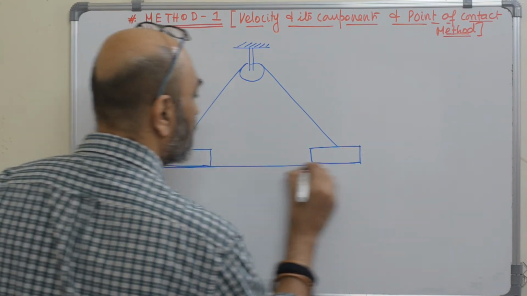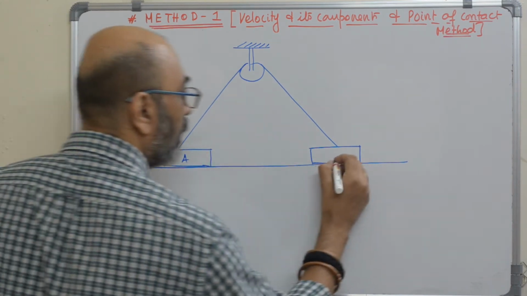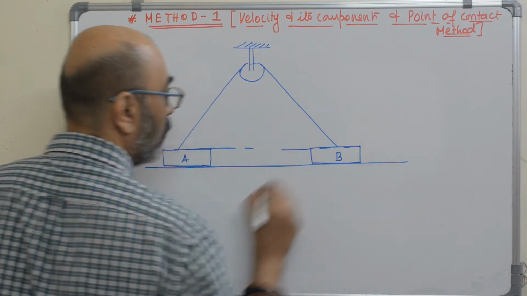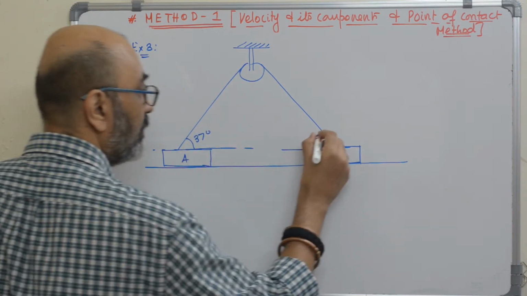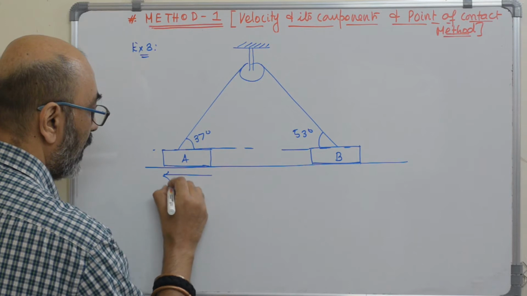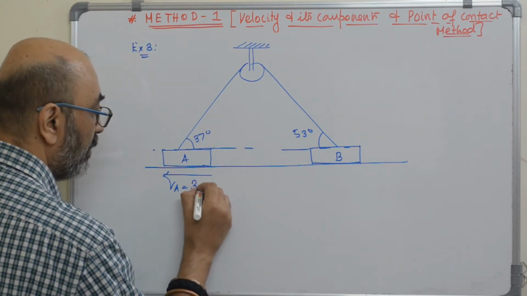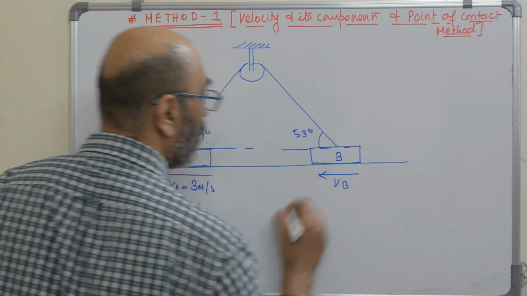It is on a surface like that, and this is block A, that is block B. Now this angle is 37, that angle is 53. Block A, VA, is moving with a speed of 3 meters per second. We have to find the velocity of block B.